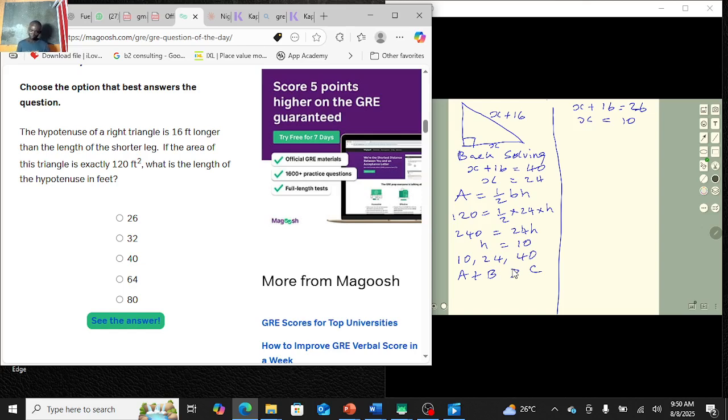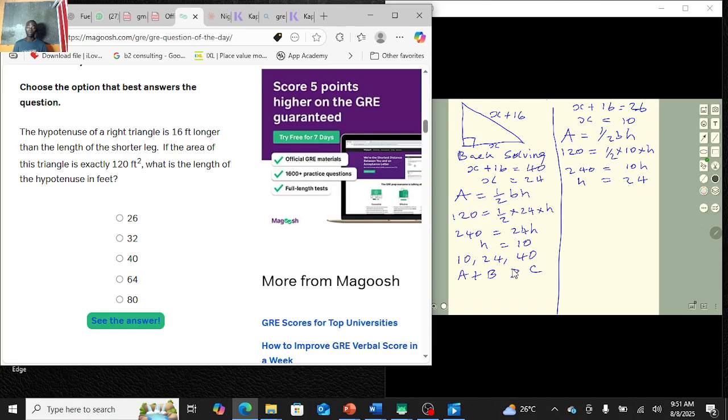We apply just the same process again. The area is half base times height, so 120 equals half times 10 times h. 2 times 120 is 240 equals 10h. h is 240 divided by 10, which is 24.